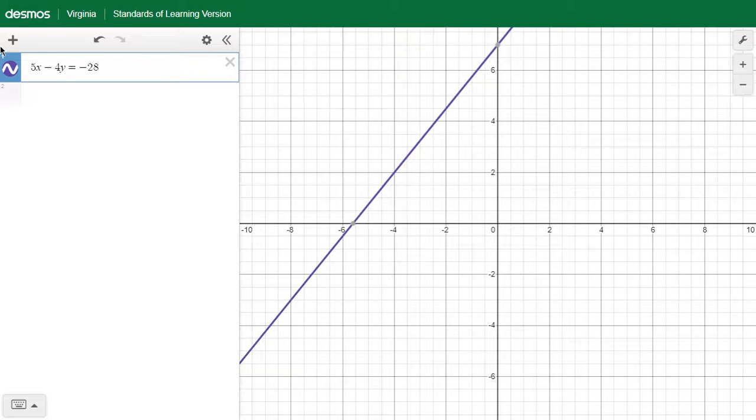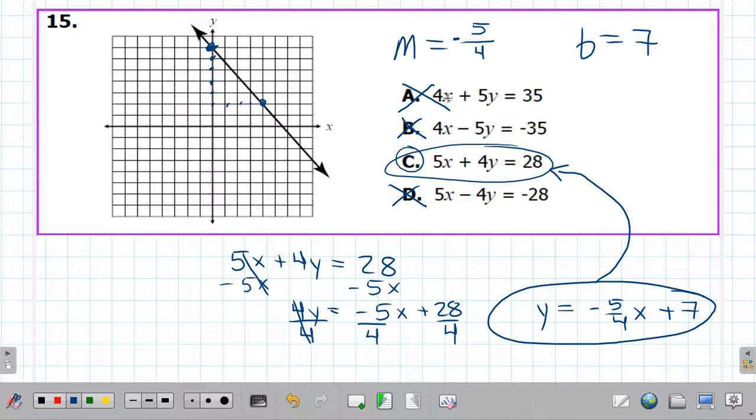So if you do that, what you could do is go through and graph all these and figure out, well, which ones can I eliminate just being positive and negative slopes? And then that would maybe whittle it down to 2, and then you only have to solve 2 equations to get it into slope-intercept form. But the whole point here is if you've got an equation in standard form, you can write it in slope-intercept form and check and make sure which graph it is. So this is actually graph C.